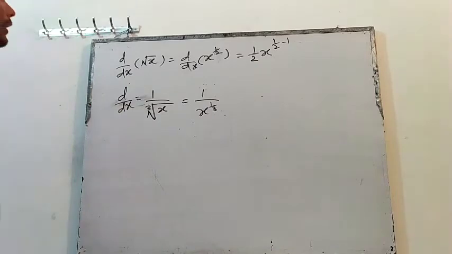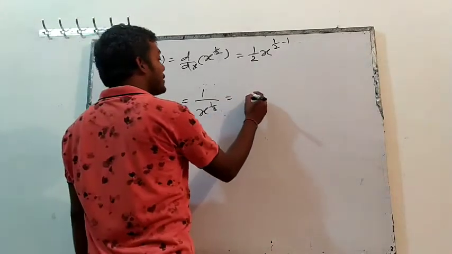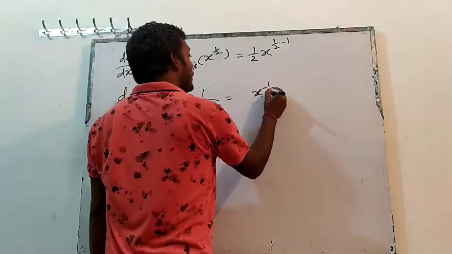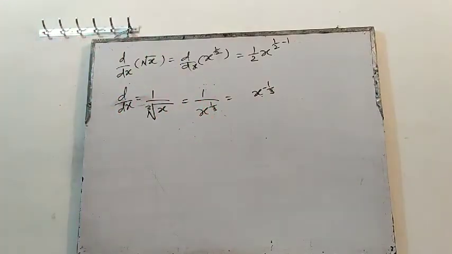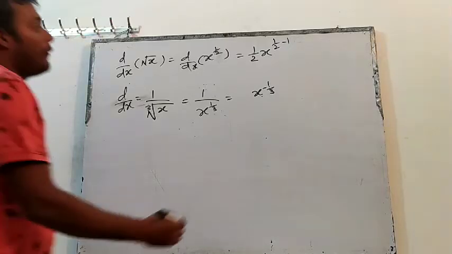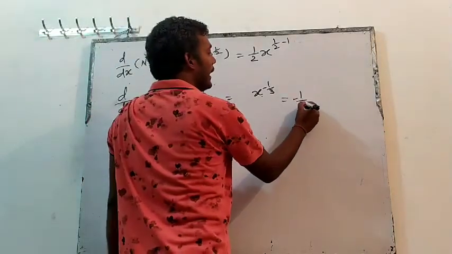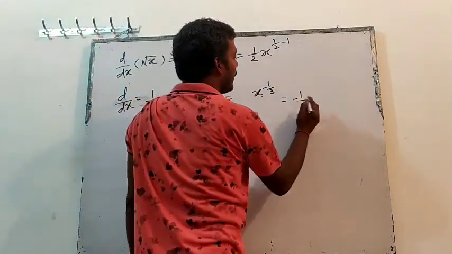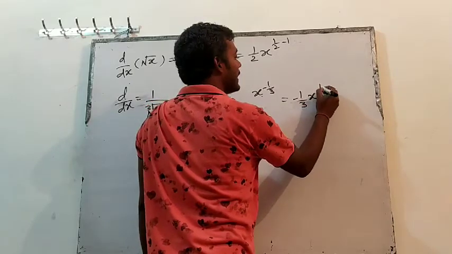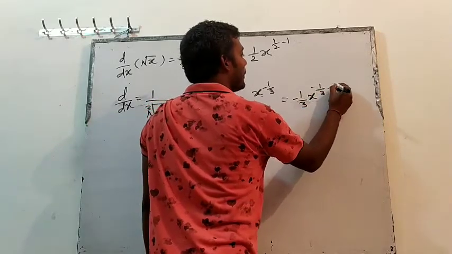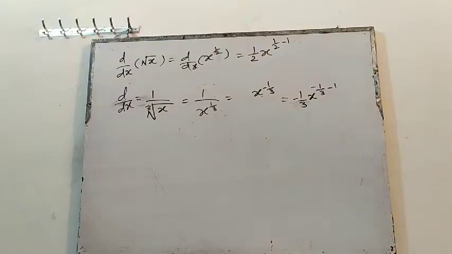Can we write that this is actually x to the power minus 1 by 3? So how will we write? Power will come here. Then we will write x. Then power minus 1. Is it? So like this you have to differentiate. Clear?